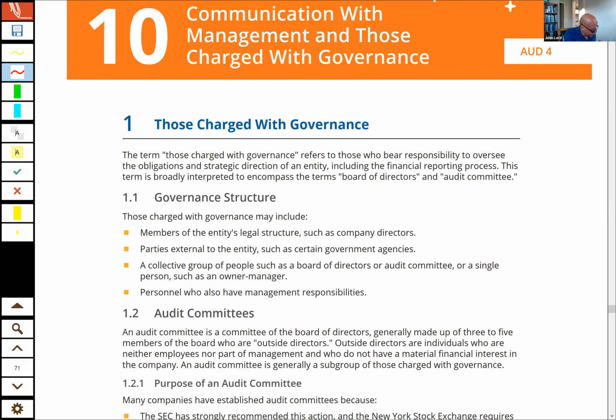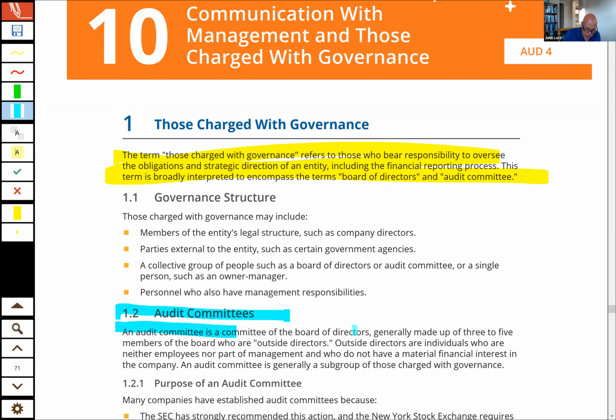Those charged with governance typically means the board of directors, the audit committee. Okay, they use the term those charged with governance because some entities that you may audit won't have an official board of directors. They may have a board of commissioners or something. So the more generic term is those charged with governance.